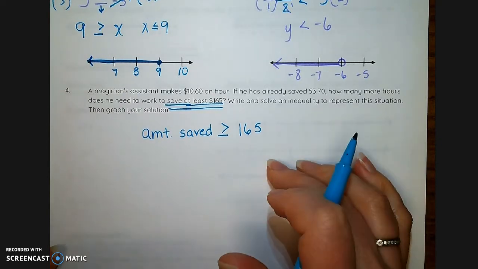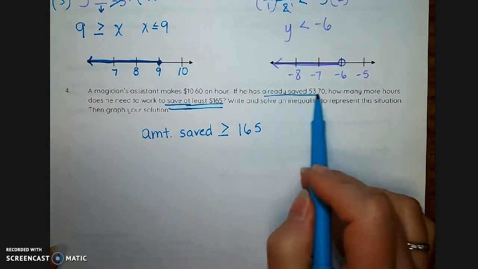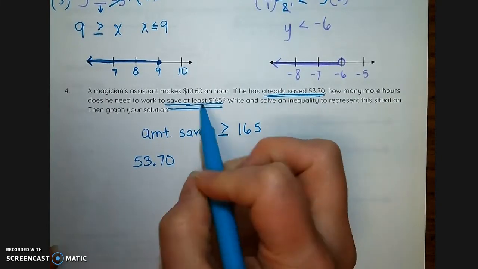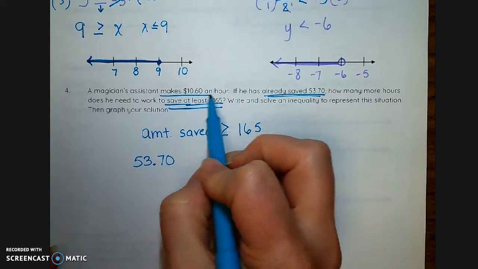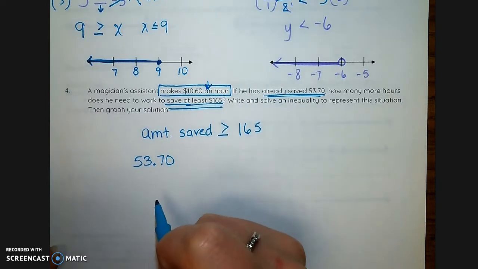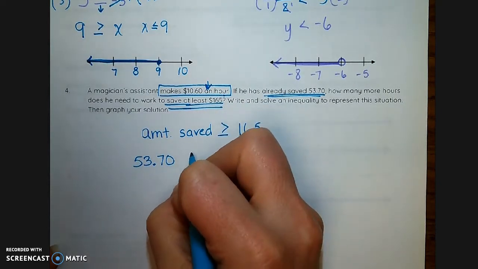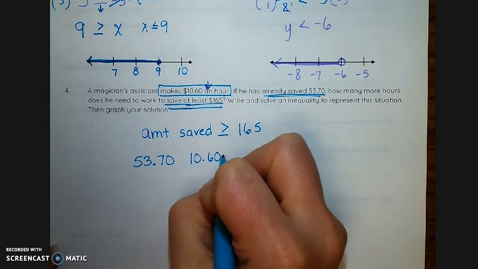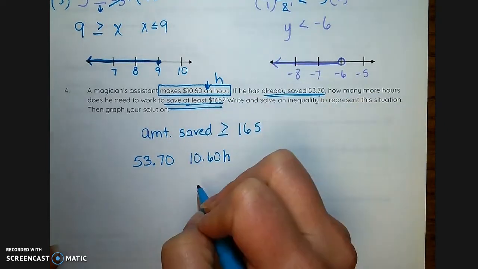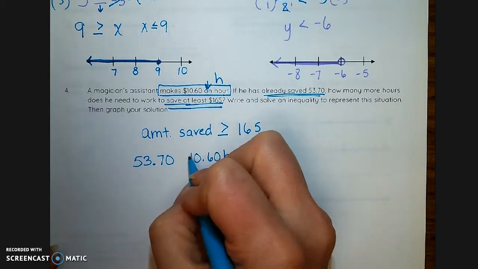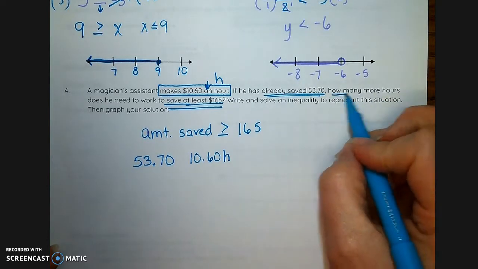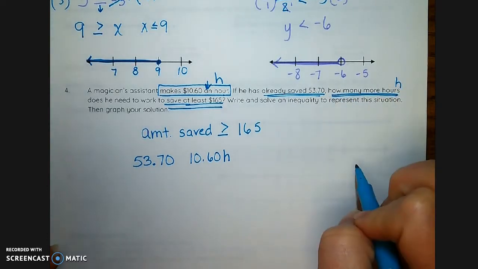So what we know so far is that we've already saved $53.70, and we know that they make $10.60 an hour. So since it's each hour making $10.60, $10.60 times h. And the h is going to represent how many more hours they need to work.